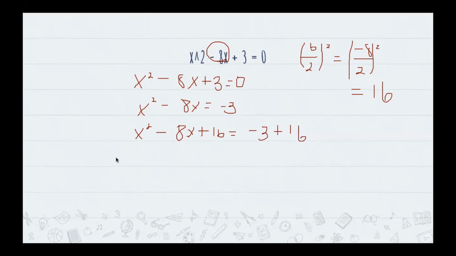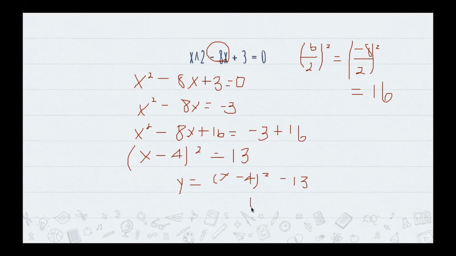And then you want to complete the square of this, so you get x minus 4 squared equals to 13. And then you shift the 13 over, so it'll be y equals x minus 4 squared minus 13. So your coordinates would be positive 4 because you want to flip this x.